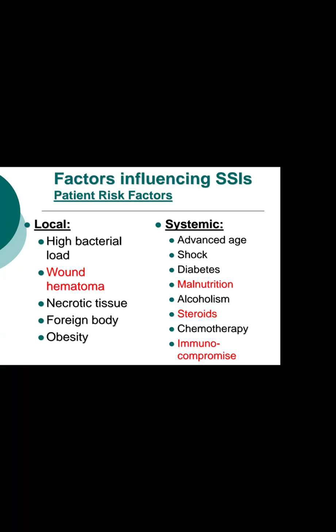If the patient is on steroids, these all impair wound healing, because steroids make you immunocompromised. Chemotherapy will make you immunocompromised. And in immunocompromised conditions like transplant cases, neutropenia, and thrombocytopenia, if you have a wound, the chance of surgical site infection is higher.